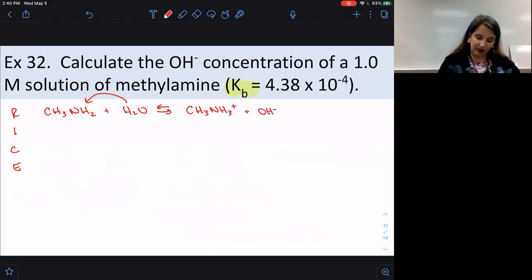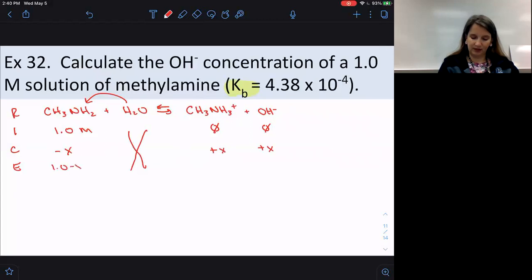So we have a concentration of 1 molar for our methylamine, nothing over here for our products. And remember that water is a pure liquid, so it would not pop up in the equilibrium expression. So we've got minus x plus x plus x. 1.0 minus x over here, x and x.